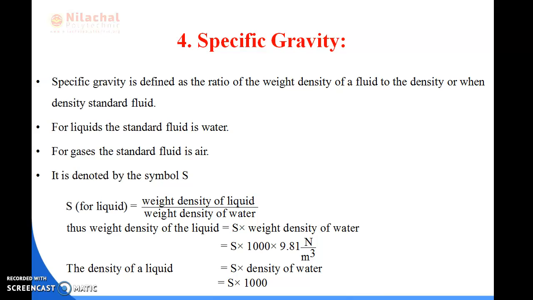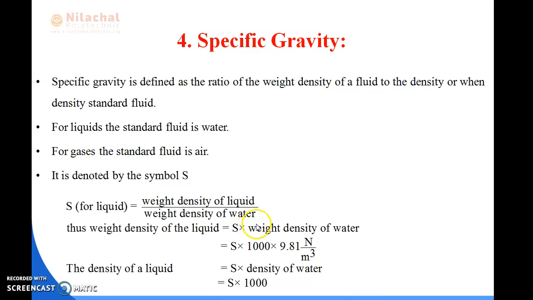For gas, the standard fluid is air. So it is denoted by the symbol S. The specific gravity of the liquid is equal to the weight density of the liquid by the weight density of the water. So the weight density of the liquid is equal to S into weight density of the water.